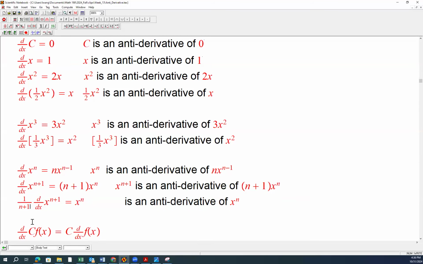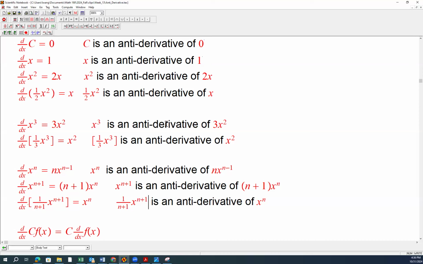All right, we don't need the parentheses, and bring this one inside. Bring this one inside. 1 over n plus 1. So now we got the antiderivative of x raised to the power n.